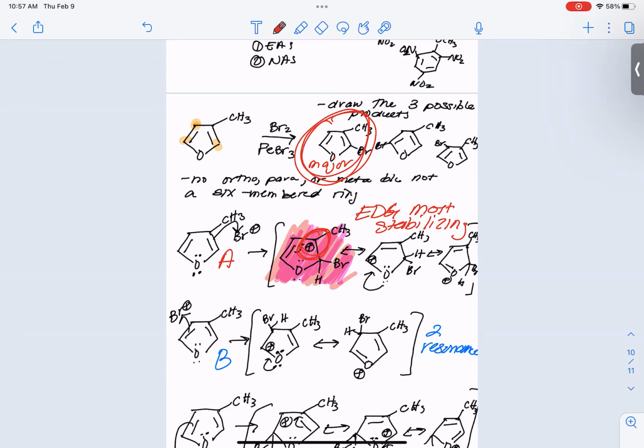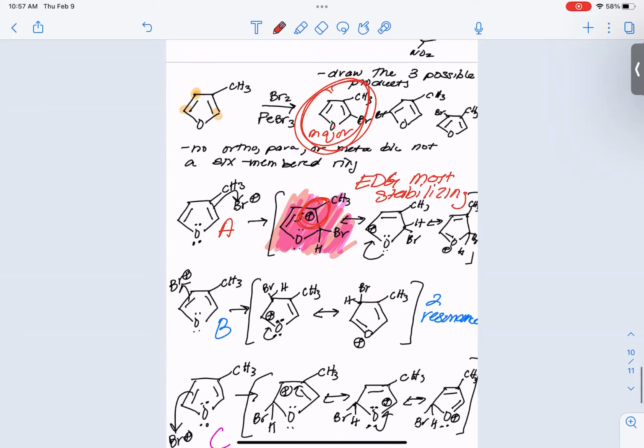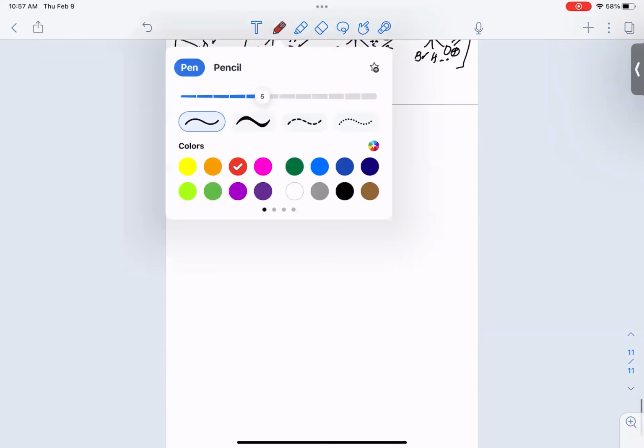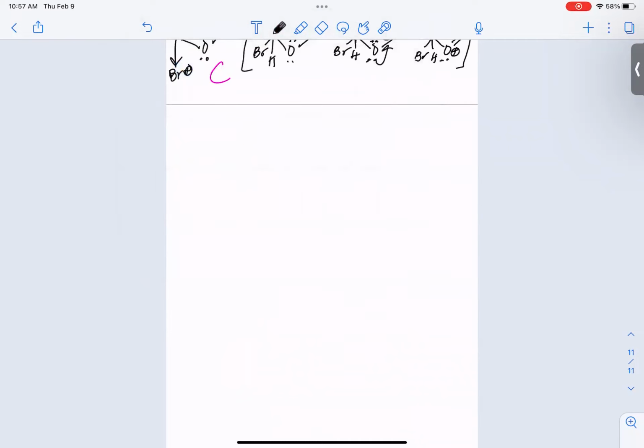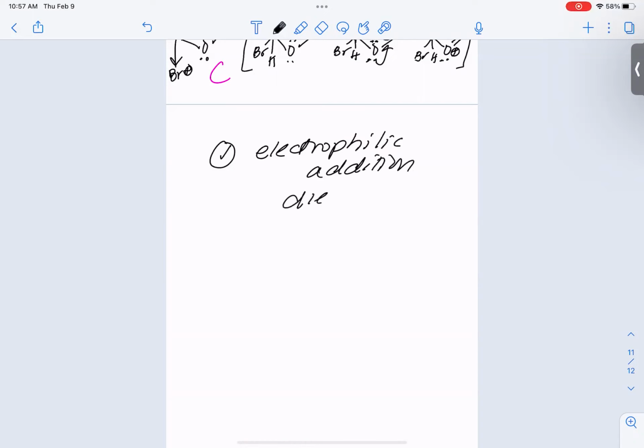Right now I'm envisioning your part 2s. Again, I'll get you a practice test, which will be reflective of the format, but you're going to have electrophilic addition to a diene.